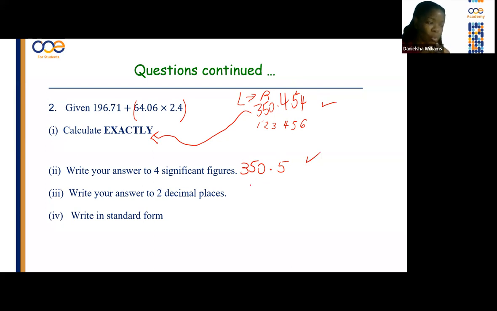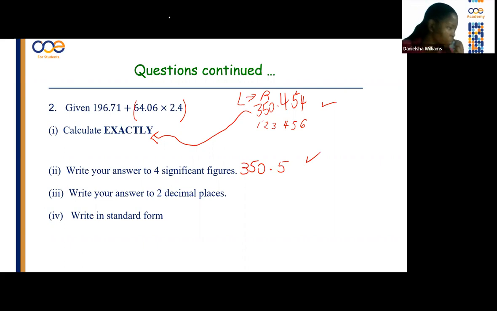Now, what about 2 decimal places? Oh, Ophelia, I want you to look back at your answer, because what you have done is to change the value of the original answer.